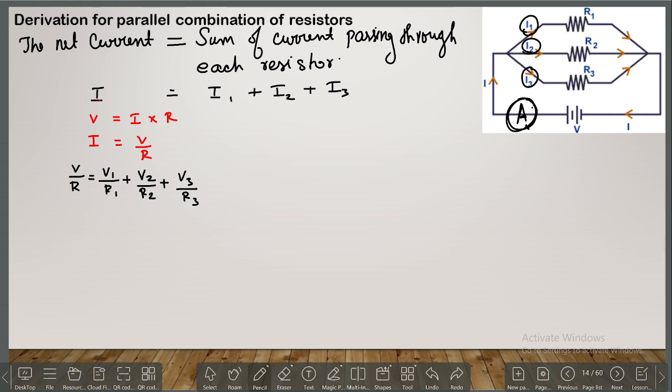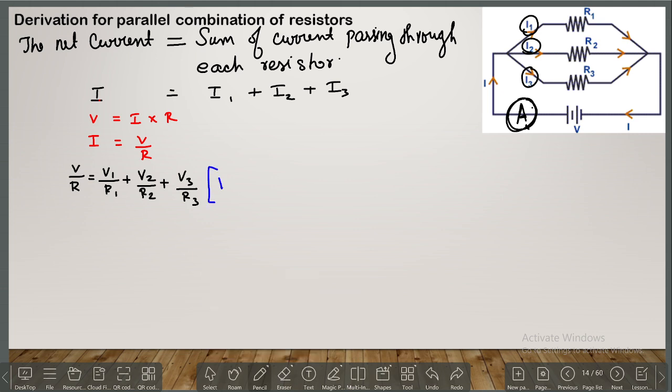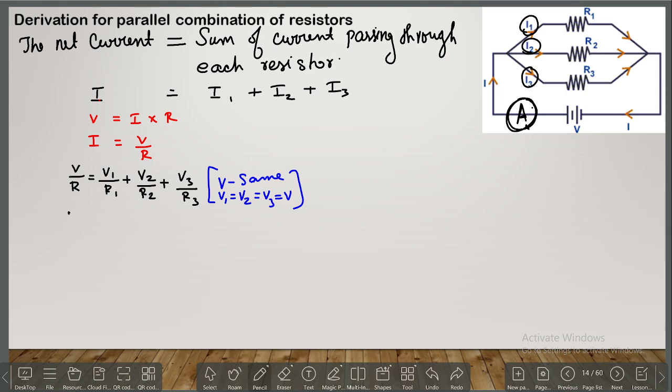As I said earlier, in parallel combination the potential difference remains the same. Therefore we can write V1 is equal to V2 is equal to V3 is equal to V. Now how can we rearrange this equation? V by R is equal to V by R1 plus V by R2 plus V by R3.